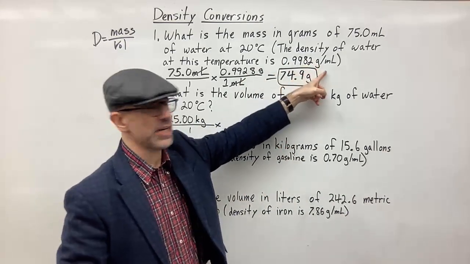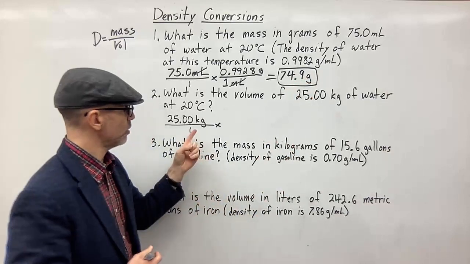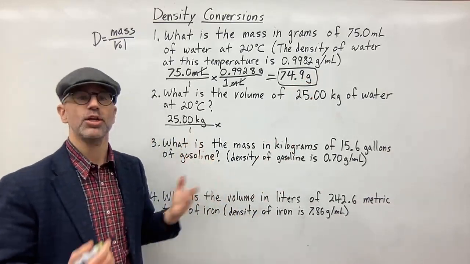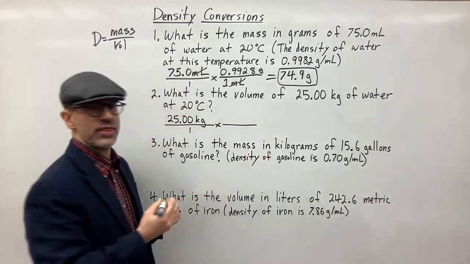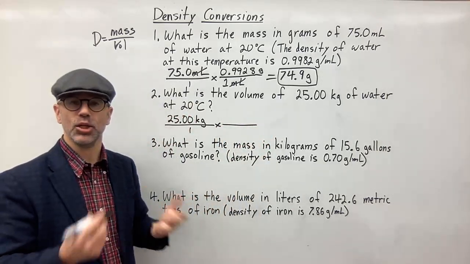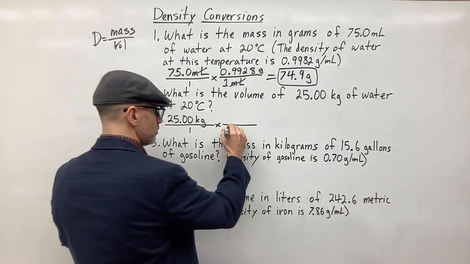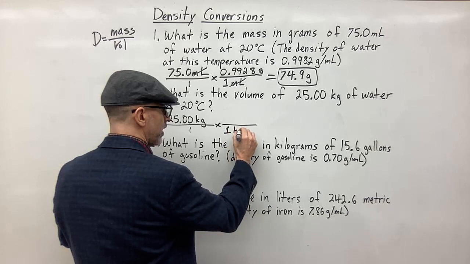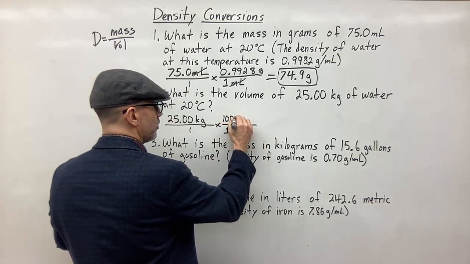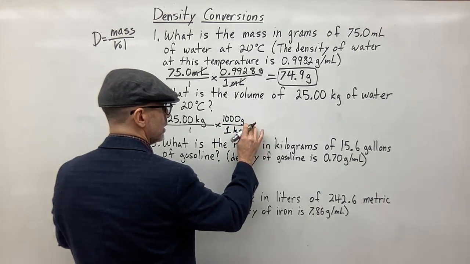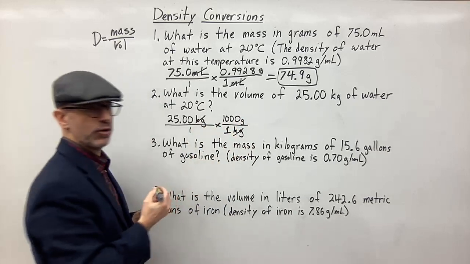I have grams here, so I can't use this unless I have mass in grams. So I'm going to have to convert kilograms to grams first. I know that 1,000 grams is equal to a kilogram because kilo is 1,000. So I'm going to put 1 kilogram on the bottom and 1,000 grams on top. Kilograms cancels out. Now I have grams.